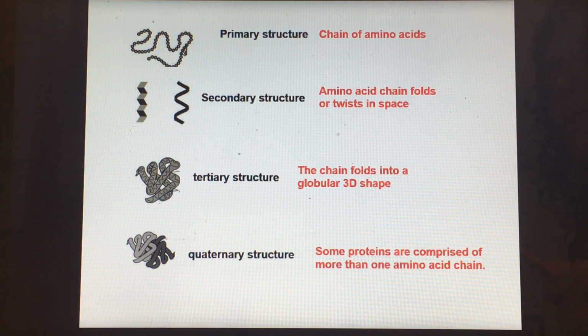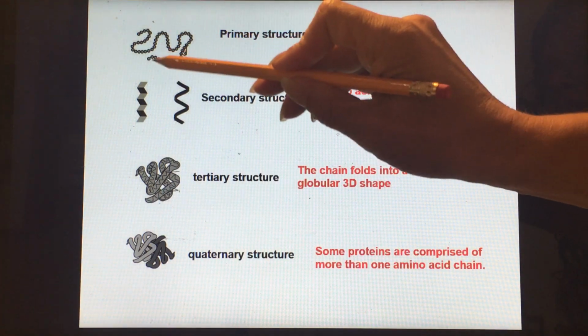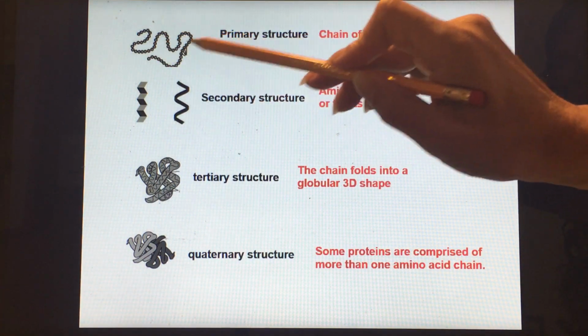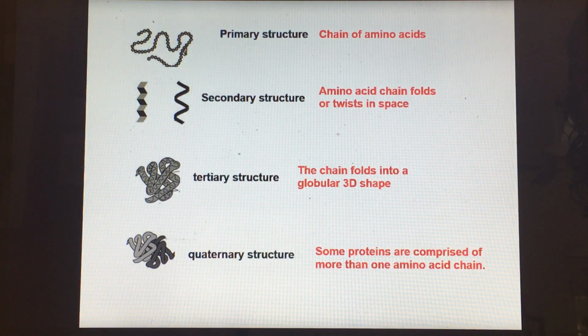But what makes one protein different from any other protein is the order of the 20 different amino acids and the number of amino acids in the polypeptide chain. And I think the smallest, and I'm not 100% sure about this, but I think insulin is 52 amino acids long, and that's pretty small compared to like hemoglobin, which is a really large protein in humans.